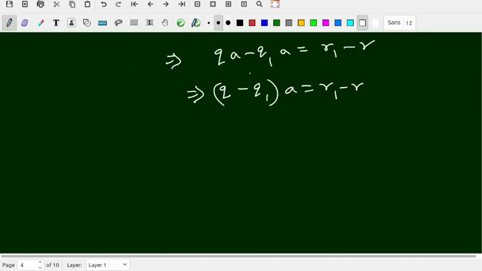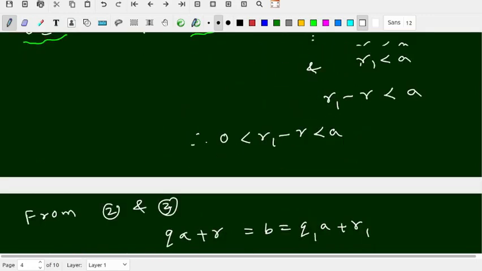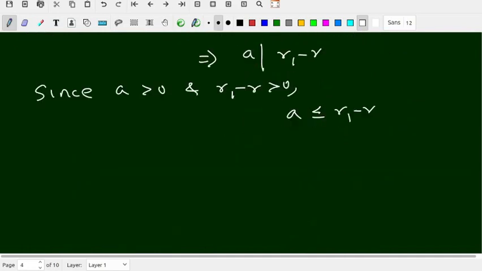In the place of m I have q minus q1, which implies a divides r1 minus r. Since a greater than 0 and r1 minus r is greater than 0, a divides r1 minus r, so a less than or equal to r1 minus r. So the divisor is smaller by the property of divisibility, but here we have r1 minus r less than a, which is a contradiction.